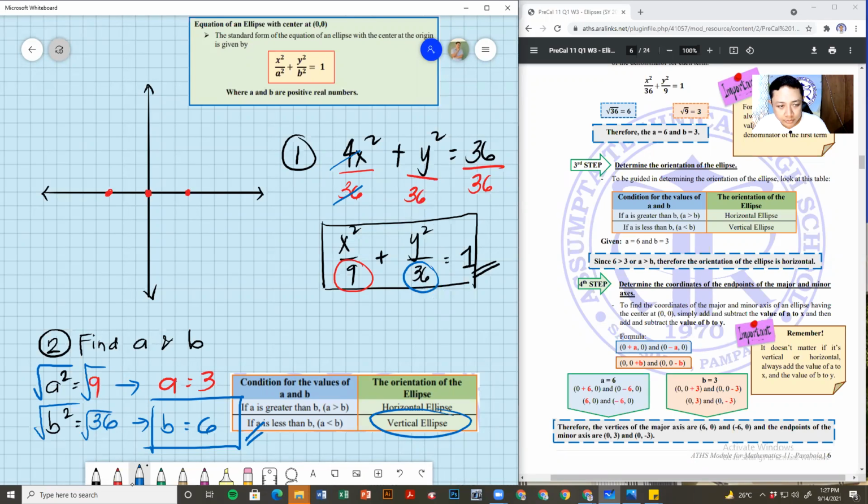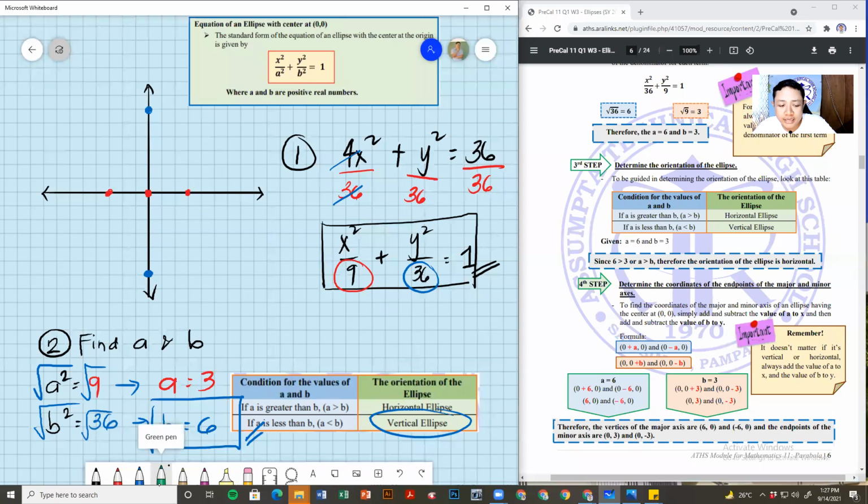Go. 1, 2, 3, 4, 5, 6. There is the first point. Similarly, below the center, 6 units. 1, 2, 3, 4, 5, 6. Let me make it clearer. There you go. I hope you can somehow imagine our ellipse.